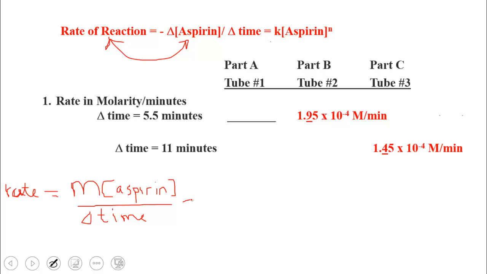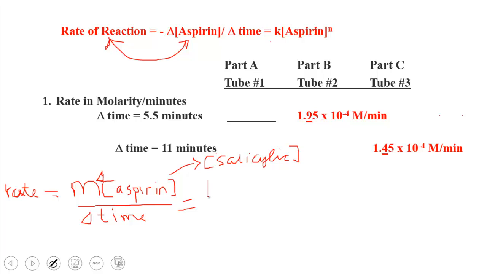And here's my changing of my aspirin concentration. With the change in the aspirin, what we'll find is that it is the same as the concentration of the salicylic acid, because the salicylic acid is appearing as the aspirin is disappearing.